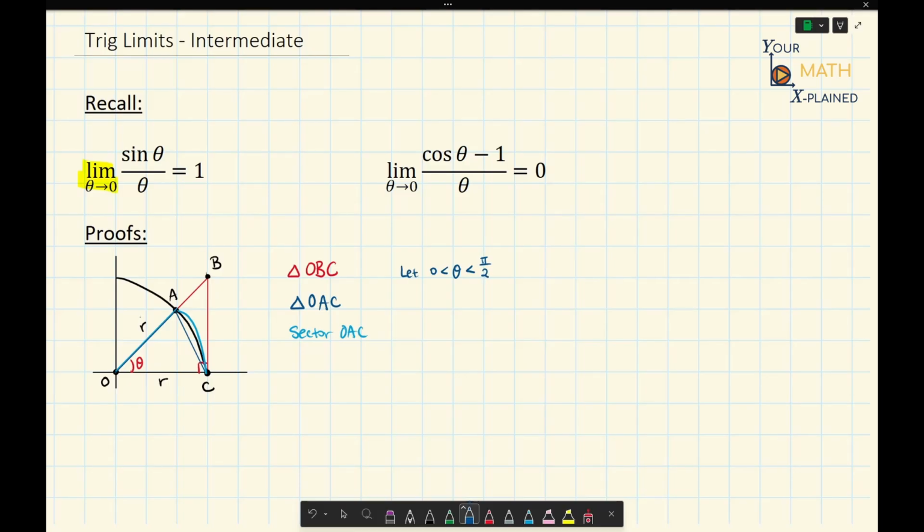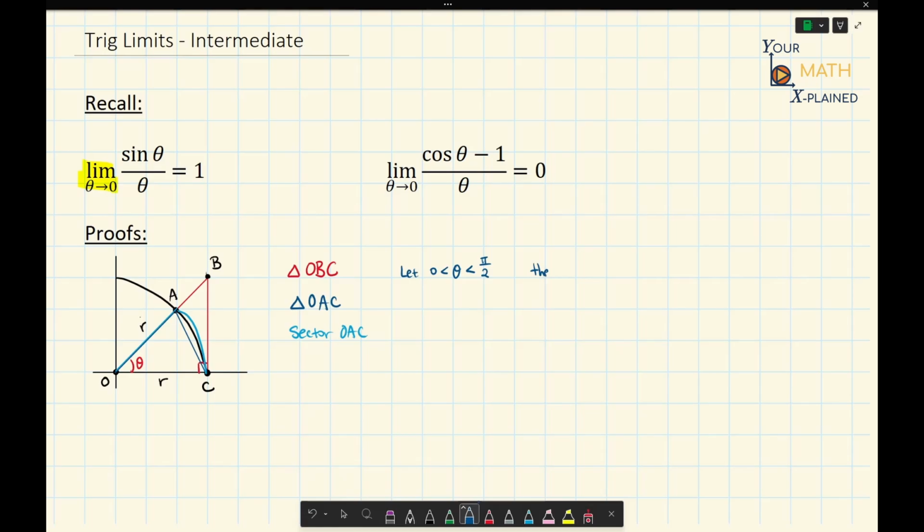Then what's going to happen is from this diagram, we can clearly see that triangle OAC has the smallest area, and then sector OAC is going to be a little bit bigger because it has this extra area right over here. And then triangle OBC is going to have the greatest area.